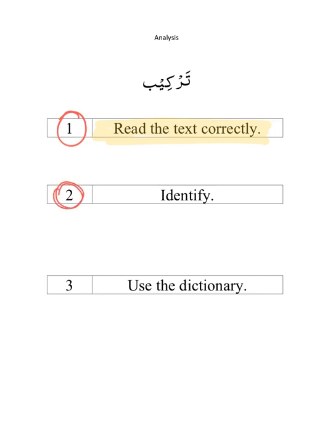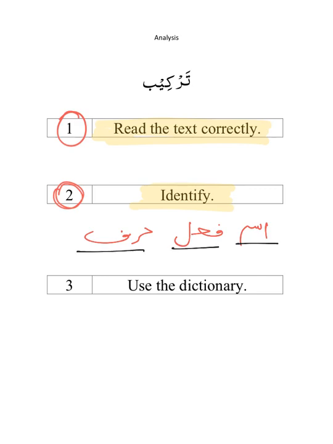Number two is that you successfully identify each individual word in the text. By this, what we mean is that you identify whether the word is an ism, fi'l, or harf. So, noun, verb, or particle.